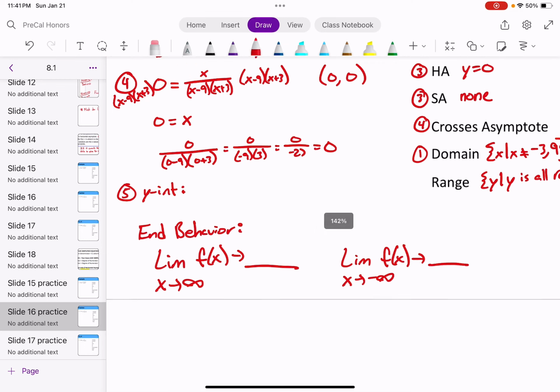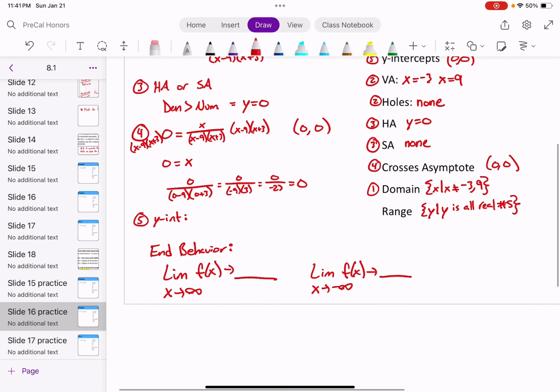Remember what we said before, that is mainly based off of our horizontal asymptote. So we take a look at our horizontal asymptote, it is 0, and in this case, our missing numbers are 0.